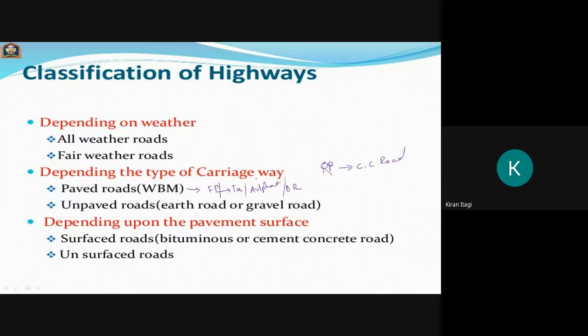All of these we will call a paved road, because we have laid something, so we will call it a paved road.